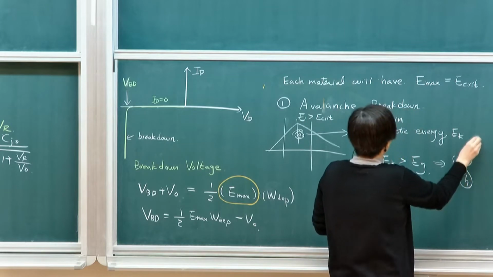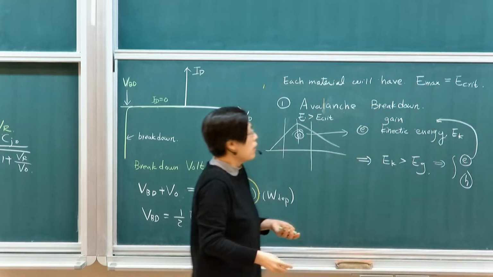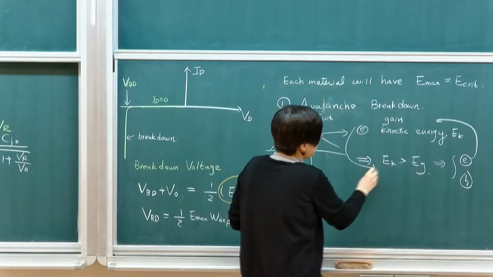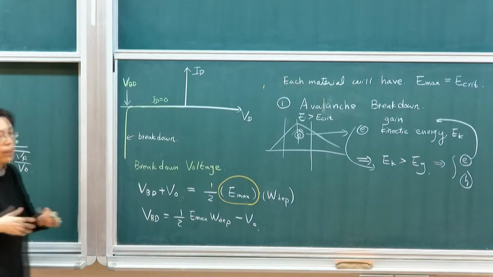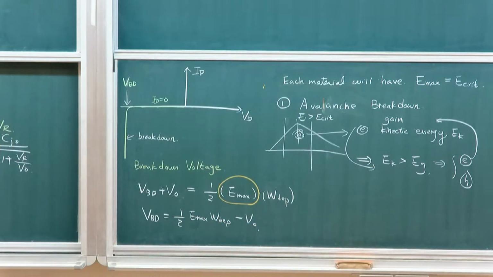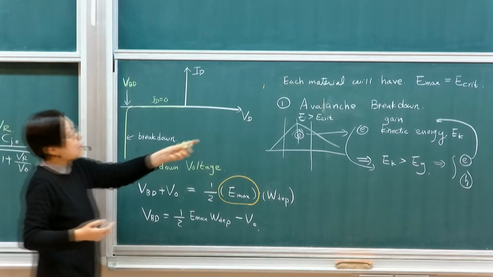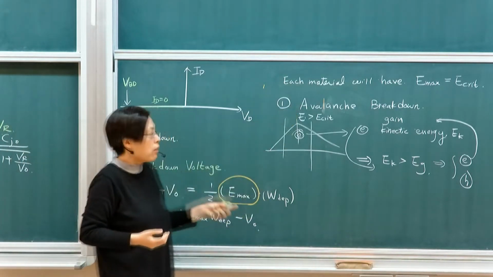And these electrons will go back to gain kinetic energy, and it becomes a positive loop. Anytime you have positive feedback, it will explode, and that's why avalanche breakdown occurs.